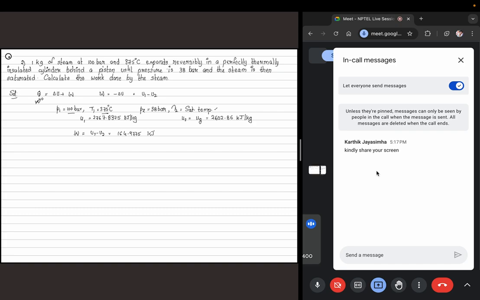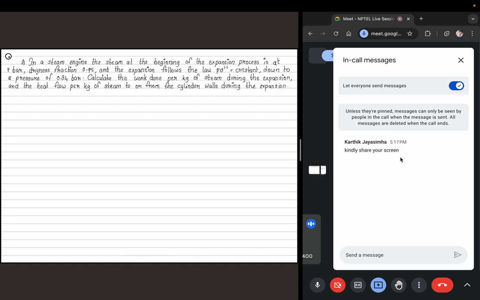So let me know if you can see the screen now. Yeah, I hope the screen is visible now.